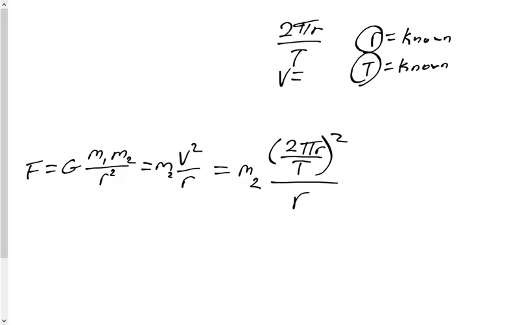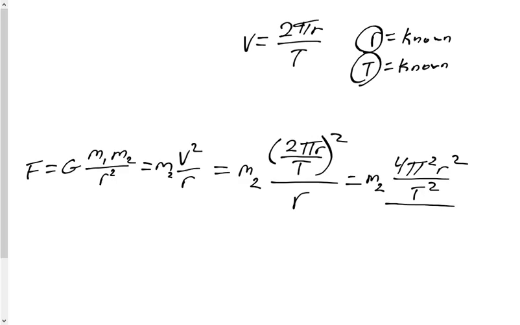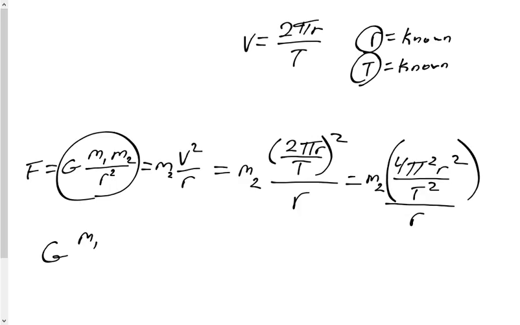Let me move this over here. That in turn gives us m2 times 4 pi squared r squared over T squared, and that's all over r. And I'll continue on to the next line here. Let me rewrite this part here because I'm going to need that.